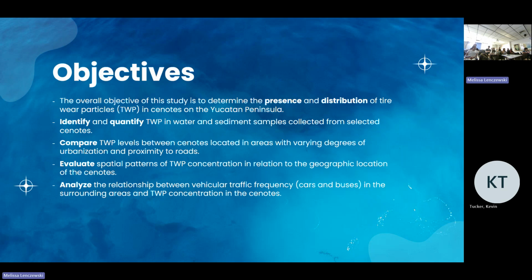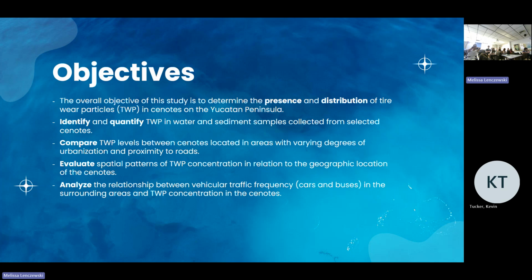The overall objective of the study is to determine the presence and the distribution of tire particles in cenotes. Under that, we will be identifying and quantifying tire particles in the water and sediment samples that we'll collect from cenotes. We will compare the levels between cenotes in urban areas and close to roads, and then evaluate spatial patterns of tire particle concentration in relation to the geographic location of the cenotes.